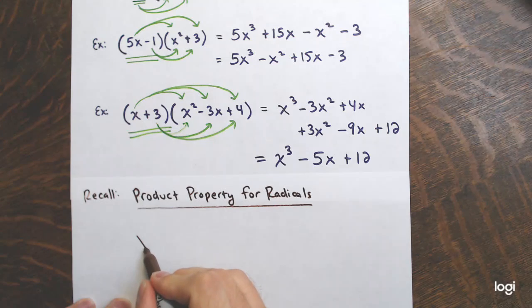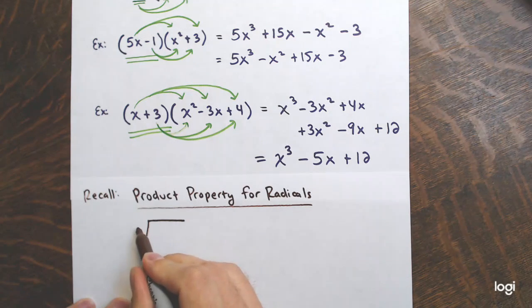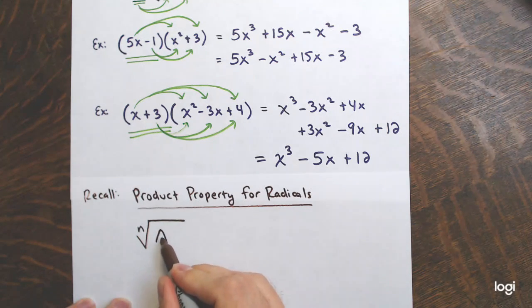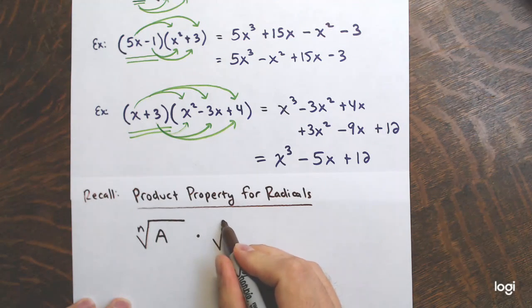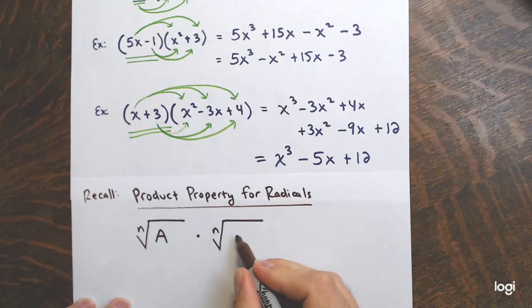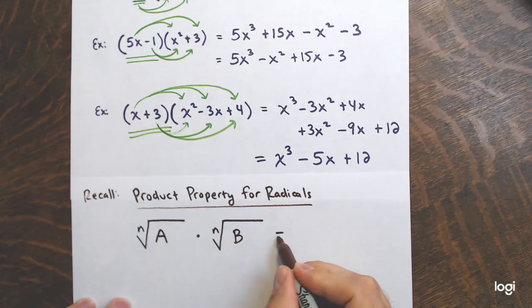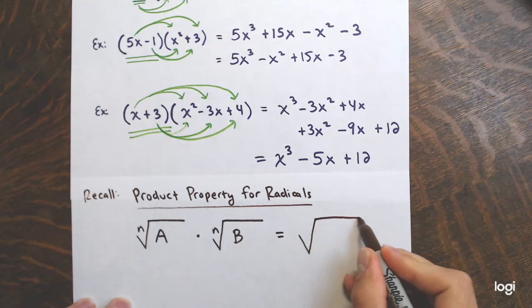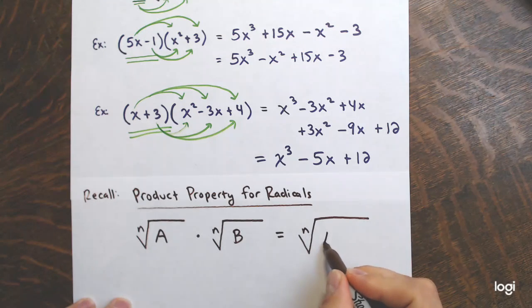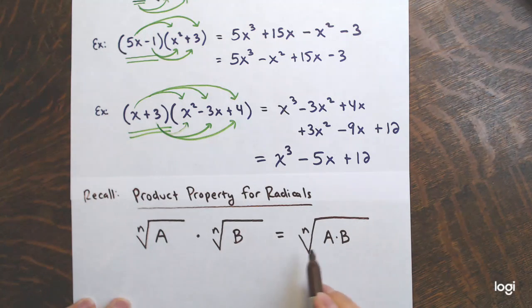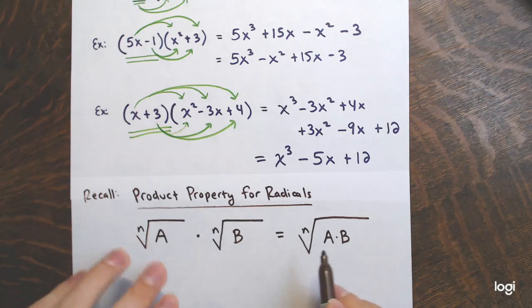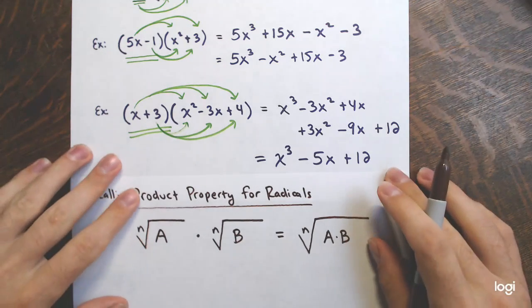Remember what that states: if you take an nth root of some radicand a and multiply it by the nth root of b, you get something equivalent to the nth root of a times b. It's a product, though.